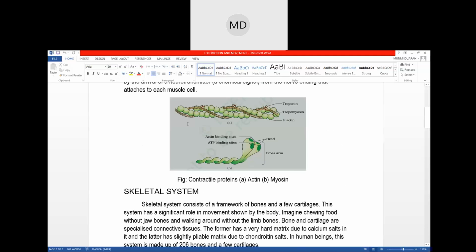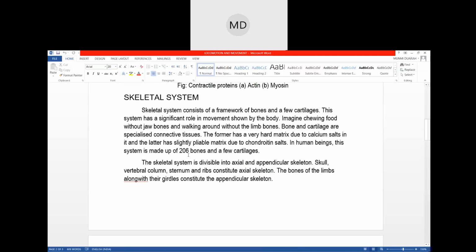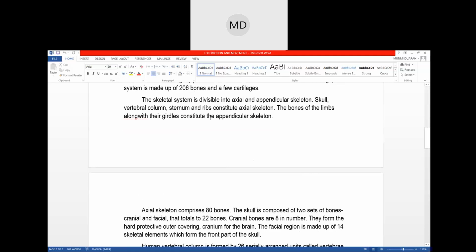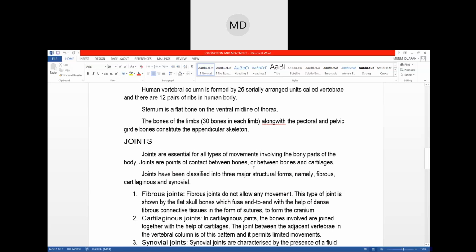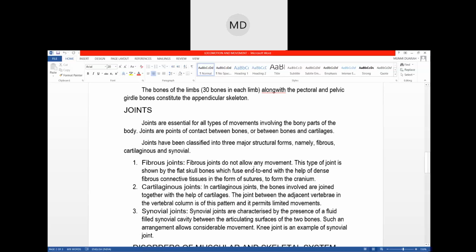So in total there will be 206 bones in your entire body, comprising the bones of the axial skeleton and the appendicular skeleton. These bones are very essential for movement, because it is the bones that give the definite structure to the human body. Without the bones you would be just a small massive piece of meat.